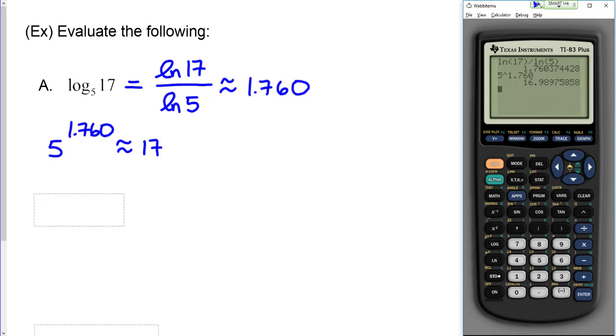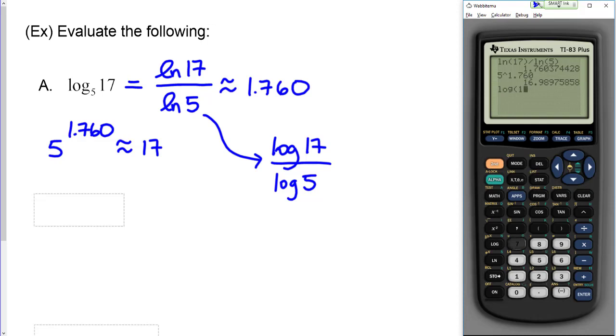And the other thing about the rule here is it doesn't matter if you're using a natural logarithm or a common logarithm. If I had chosen to do the common log of 17 divided by the common log of 5, that would have been perfectly okay. Let's see what happens in the calculator.